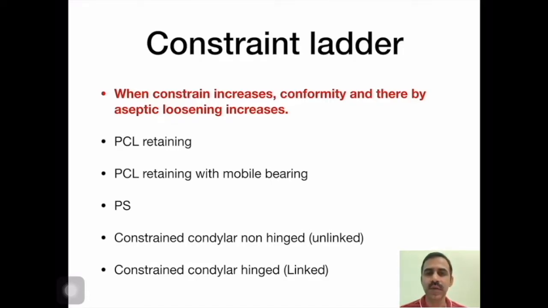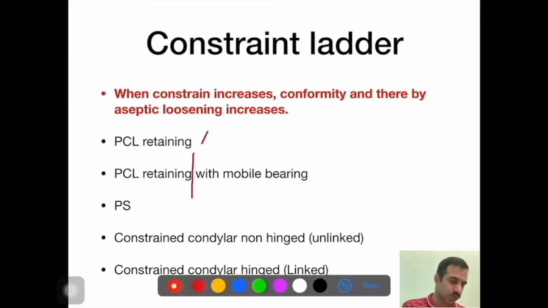The total knee arthroplasty can be classified based on the constraint ladder. When constraint increases, conformity and thereby the aseptic loosening increases. When we move from PCL retaining to stress condylar, hinged or the linked knee, we are actually moving from a less constrained knee to a more constrained knee.